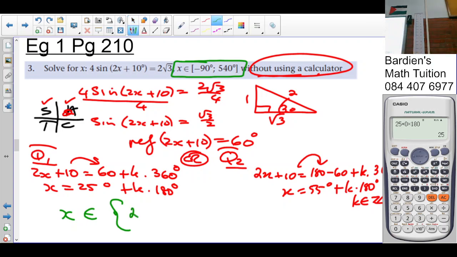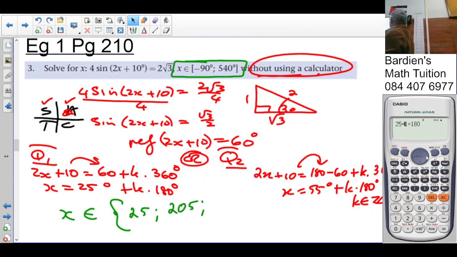Inside. So it's 25. Now we go with k is 1. What I do is I complete one branch. So that's 205, inside. Then k is 2: 385, which is also inside.